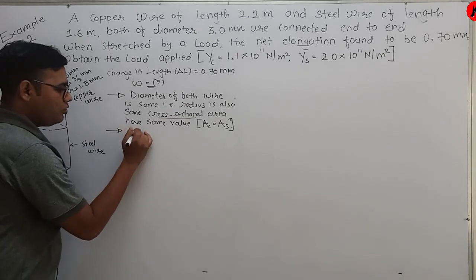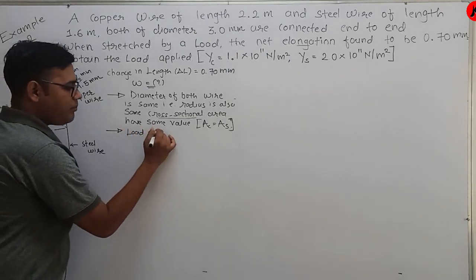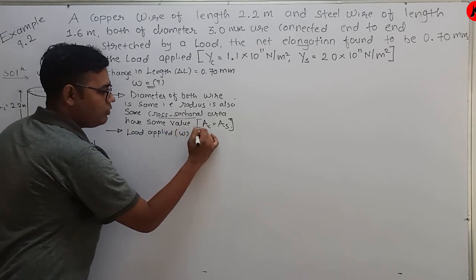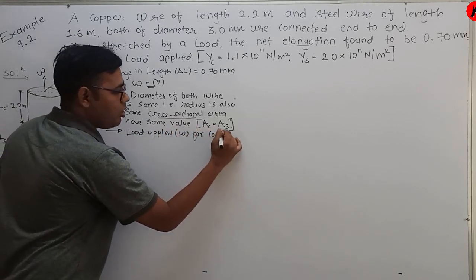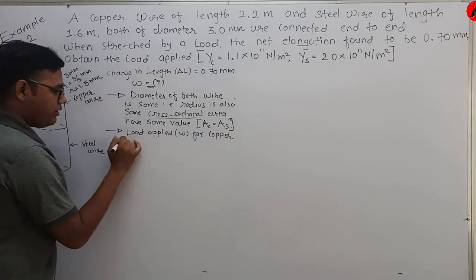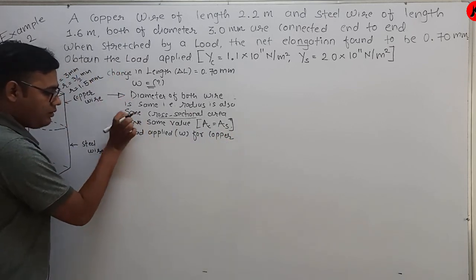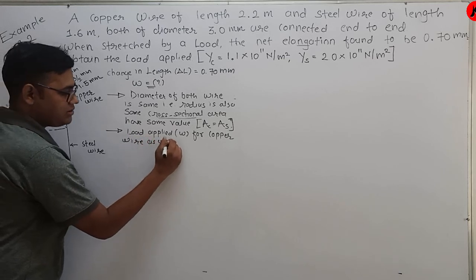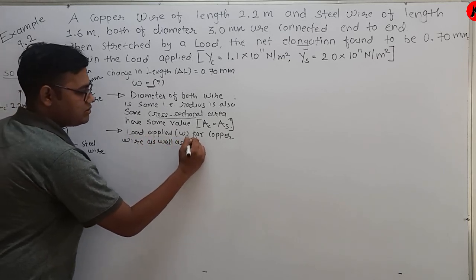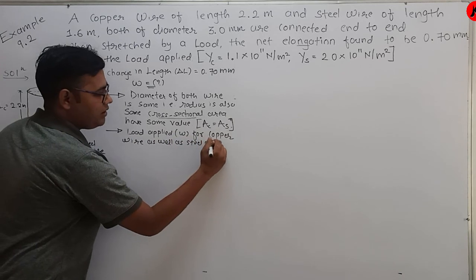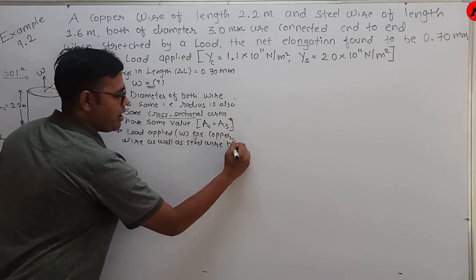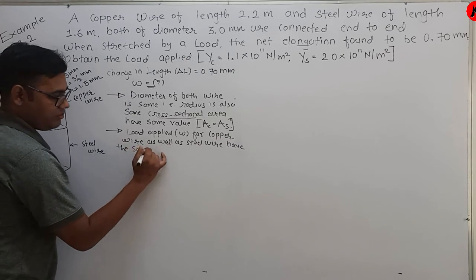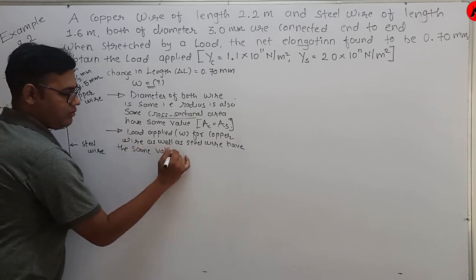So load applied W for copper wire as well as steel wire has the same value.